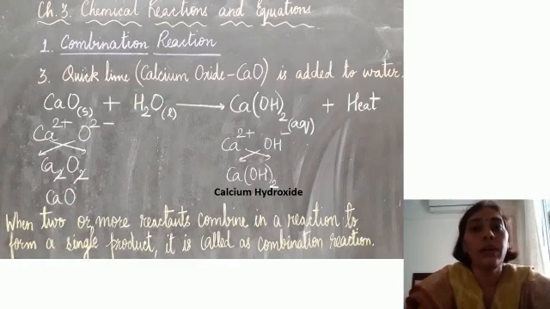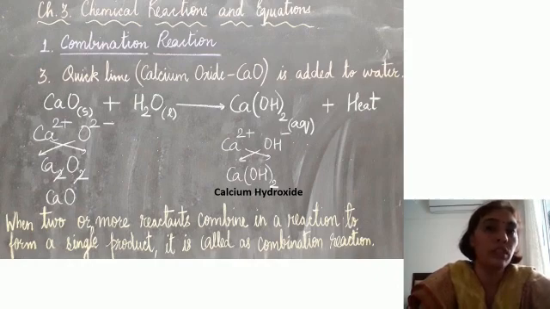This calcium hydroxide gradually then further reacts with the atmospheric carbon dioxide and forms calcium carbonate, which makes our walls shiny and smooth. So this is one everyday example that we take of combination reaction, that is for whitewashing the walls.